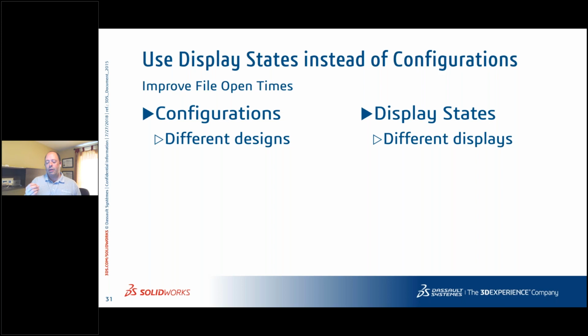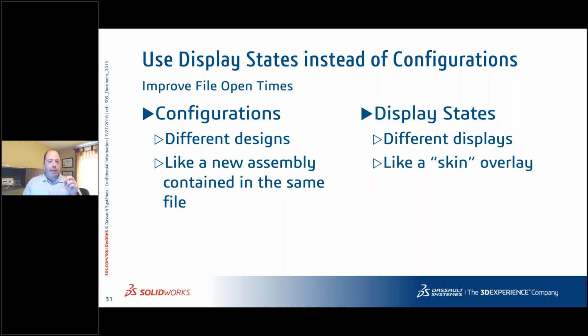So if it's just visual you want to control, you should use a display state. And by that I mean color, show hidden, transparency, even hidden line removed, hidden line visible, shaded with edges, shaded without edges. Those are all display controls, right? So you can control all that using display states. Let's dig a little further.